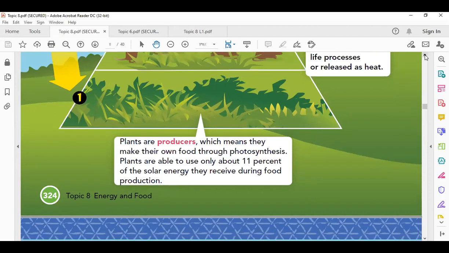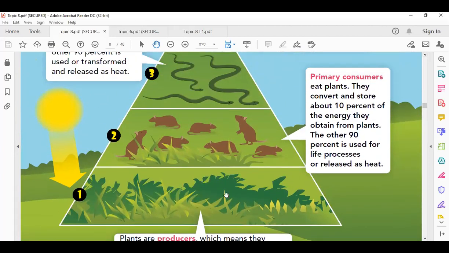Now, this is the first trophic level and this is the second trophic level. Animals in the second trophic level are called primary consumers. They are consumers because they can't make their own food, and they feed on the producers.